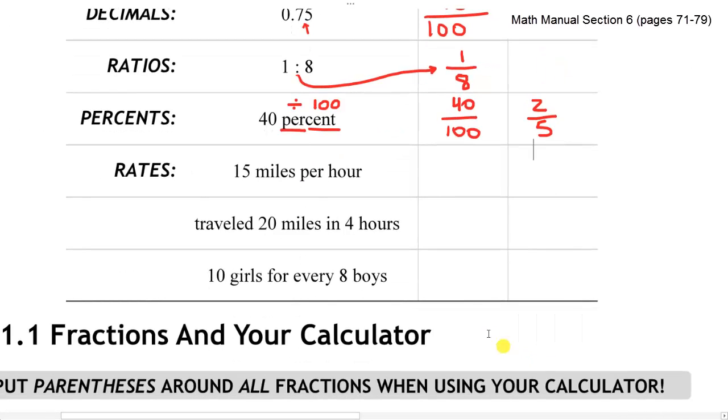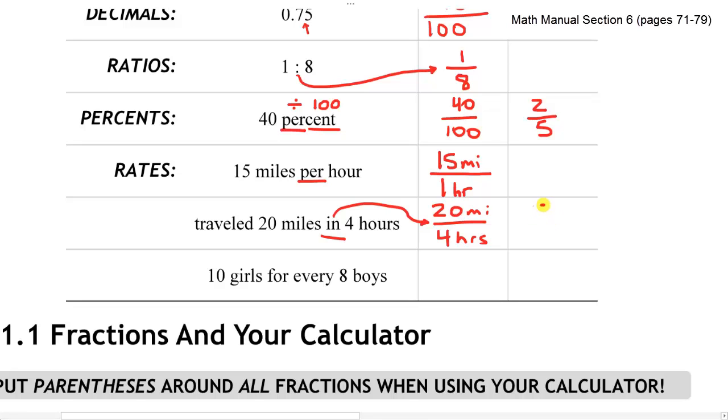Then we have rates. Anytime we see a rate, again, there's that word per, 15 miles per hour can be written as 15 miles over or divided by 1 hour. That also does not reduce, but 20 miles in 4 hours, 20 miles per 4 hours, that in is sort of like a per and would again translate to a fraction bar.